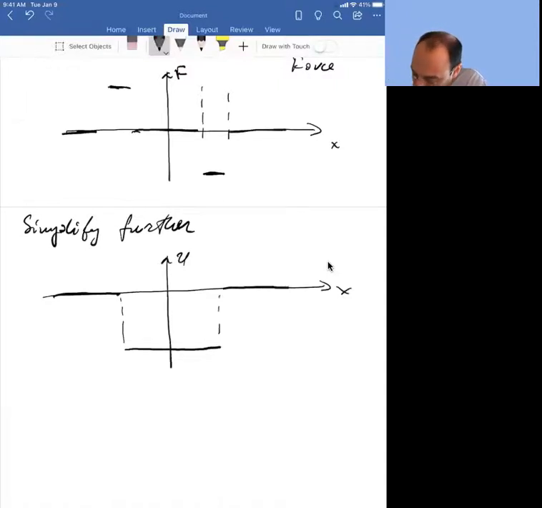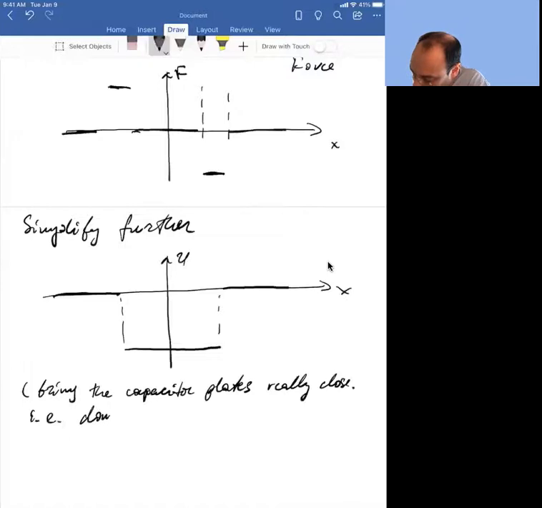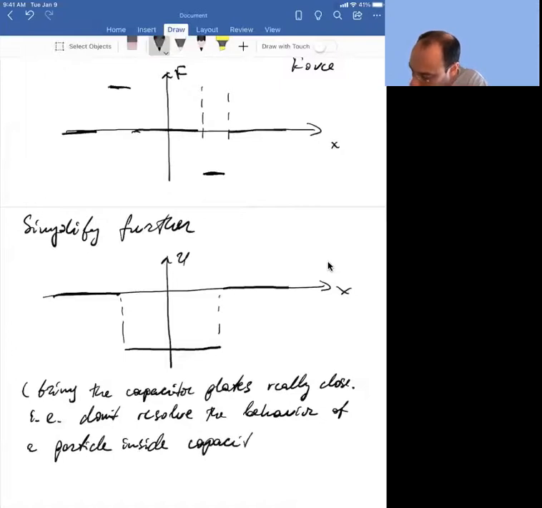Okay, so basically this is: bring the capacitor plates really close, i.e. don't resolve the behavior of a particle inside capacitors.